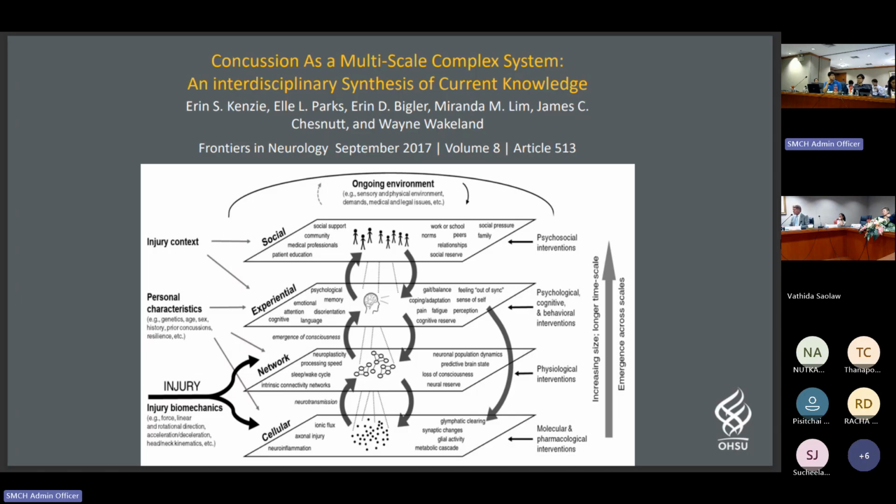This creates problems that lead to the experiential level, which is what we feel, the symptoms that we have. Those symptoms can impact how we interface with the social environment, but the social environment you're in, in terms of work and school, can actually exacerbate your symptoms. The symptoms may or may not be correlated to increased damage, but they certainly keep people out of work and out of school and out of sport.